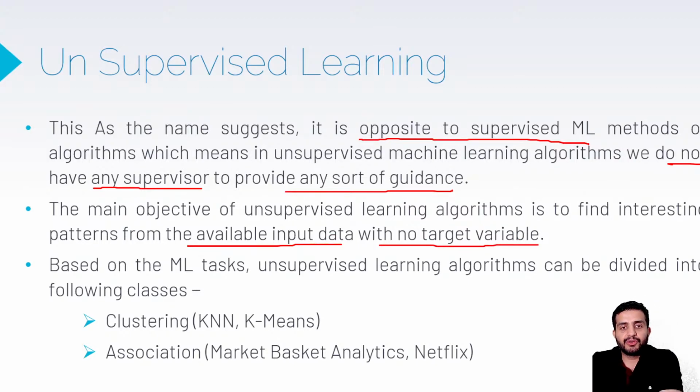So whatever interesting patterns we can look at from my input feature set, that is what we try to look at. But there is no linkage between these patterns and my target variable. I'm only talking about the interesting patterns. That's it.